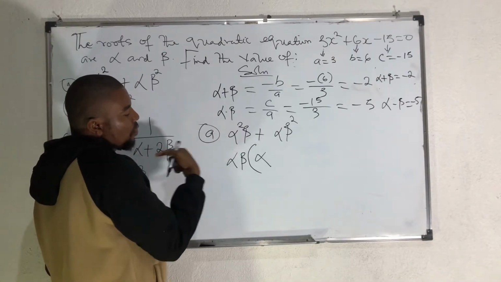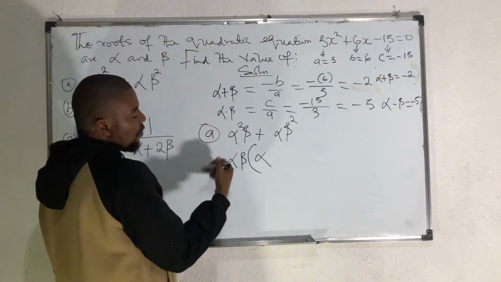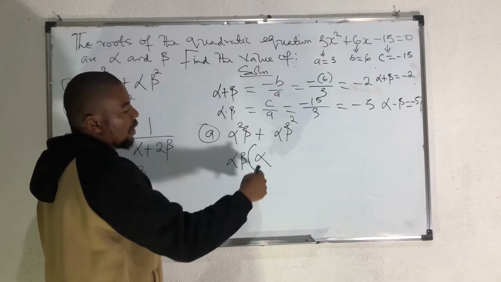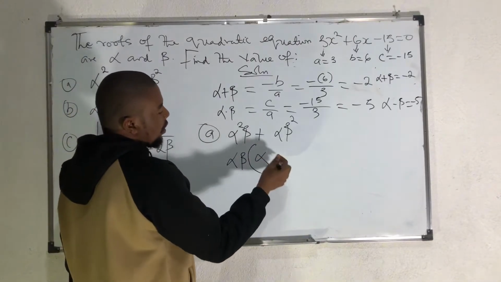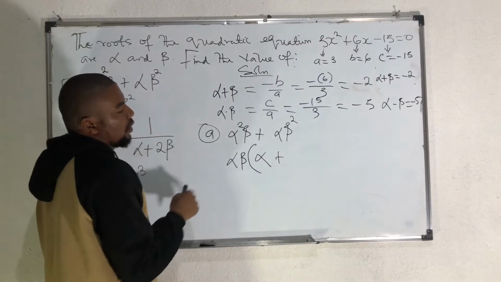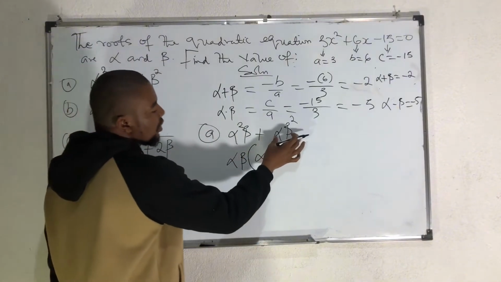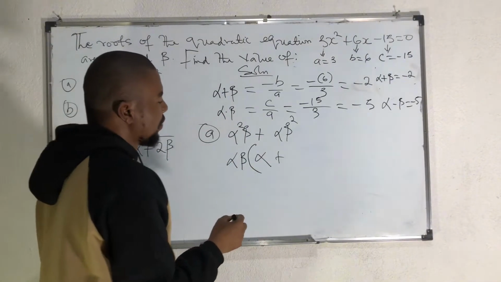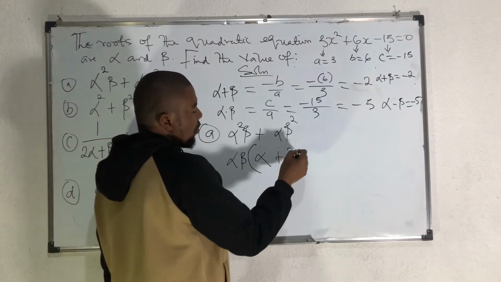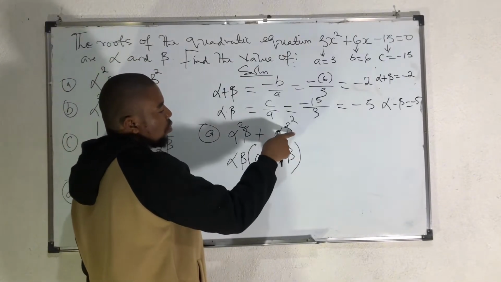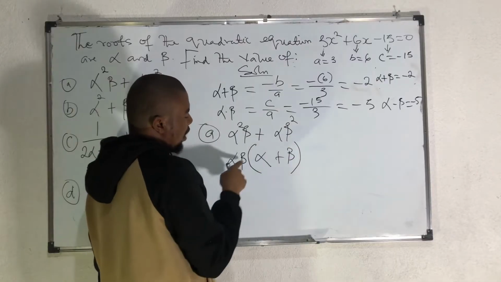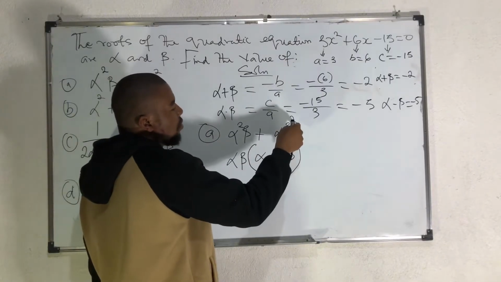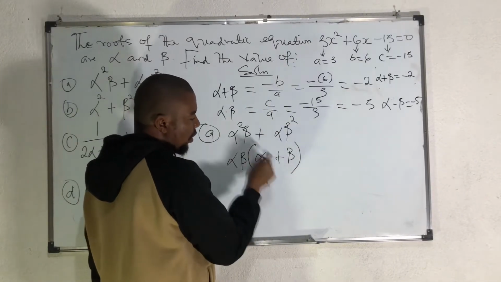We only removed one, so we have one left. That one that's left, we write it down here, plus the next one, alpha beta squared divided by alpha beta, is going to give us just a beta, because we have two of the beta and we remove one, so only one is left.